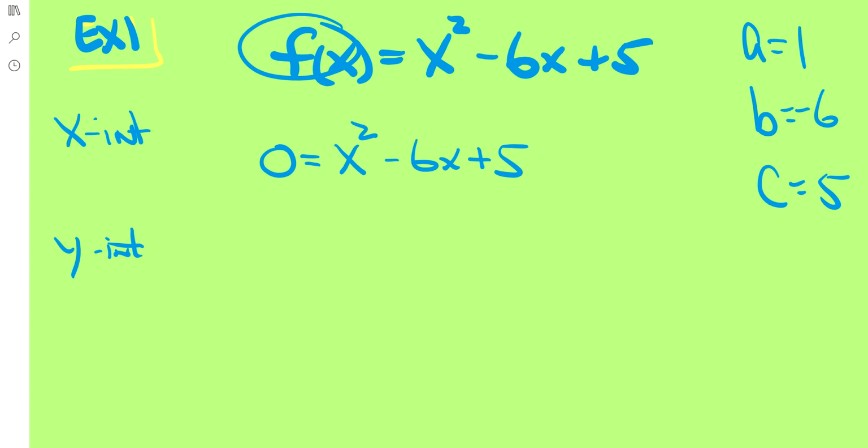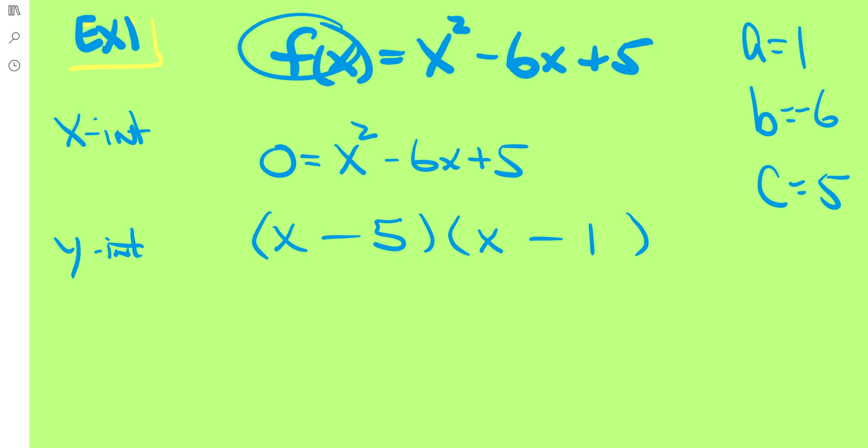It looks like I'm going to have to factor this, so I'm going to see if I can factor it in the traditional sense. I'm going to set my lead coefficient as 1, set up my parentheses and fill it in. Minus, minus, and my two values would be 5 and 1.